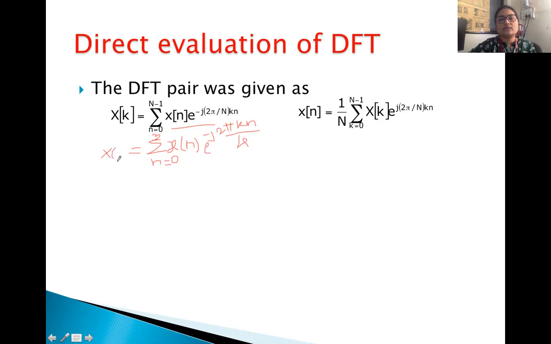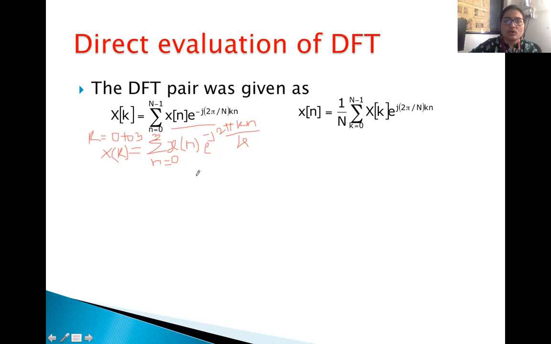As we are calculating a 4-point DFT, k also varies from 0 to 3, that is 0 to N minus 1. So there are two variables, k and small n, and both vary from 0 to 3.